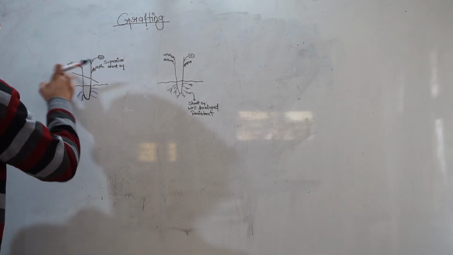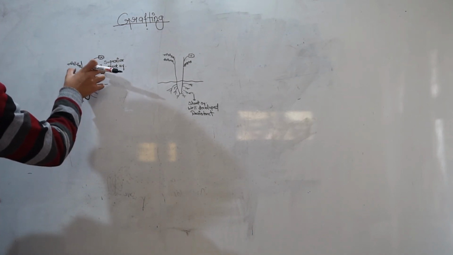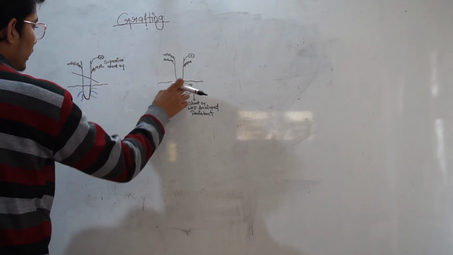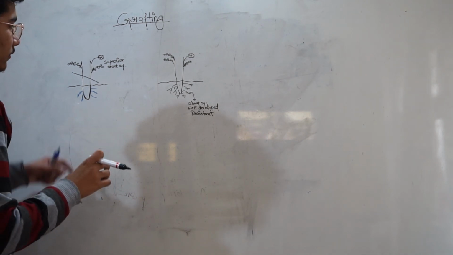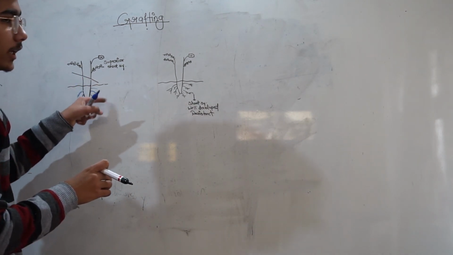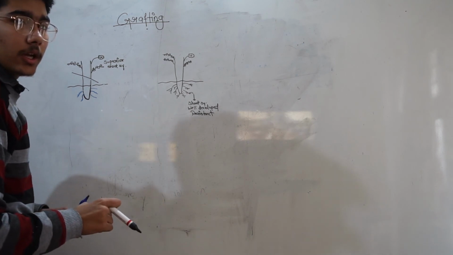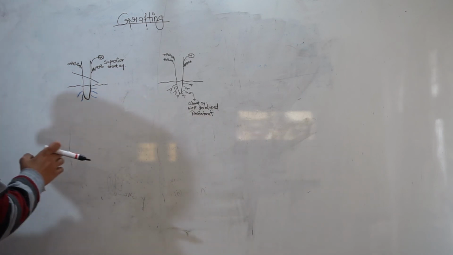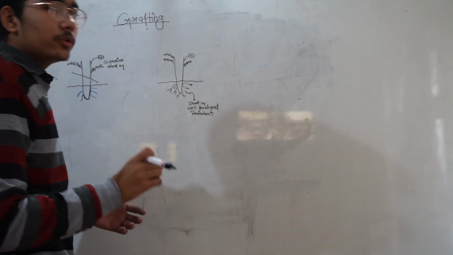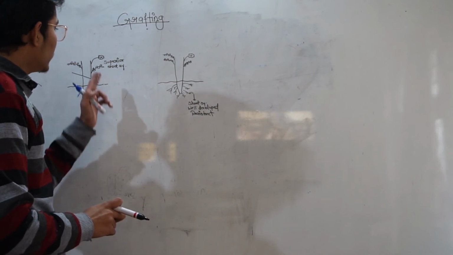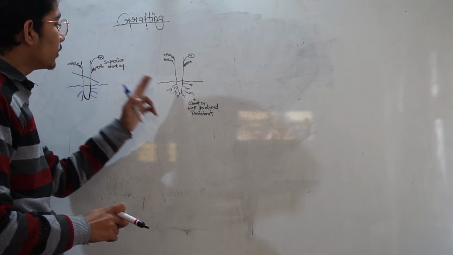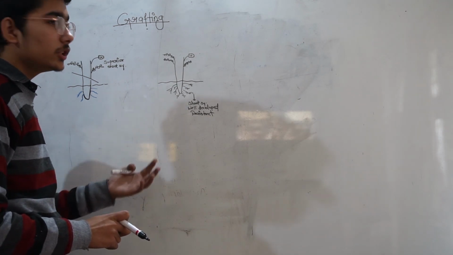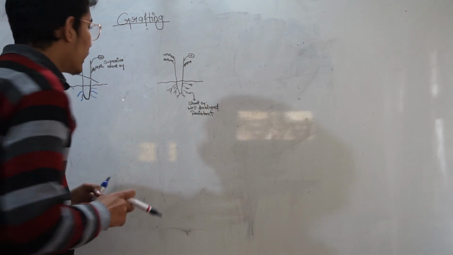We have cut this plant from here and taken this shoot system, and here we have cut this root part, and after this we will join the shoot system of plant A and the root system of plant B. After this joining, it will constitute a single composite plant. Yes, after joining the superior shoot system and the superior root system of another plant, this will constitute a single composite plant.